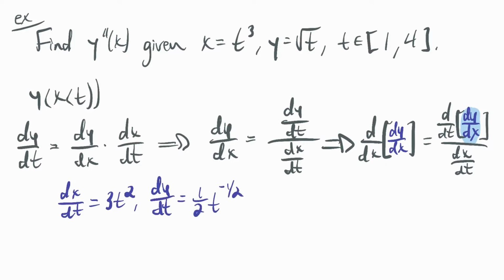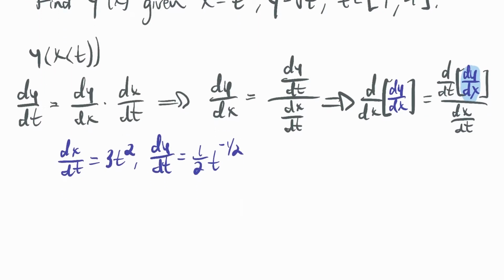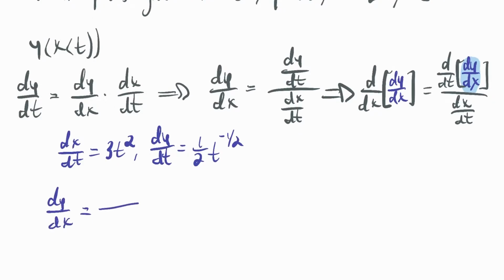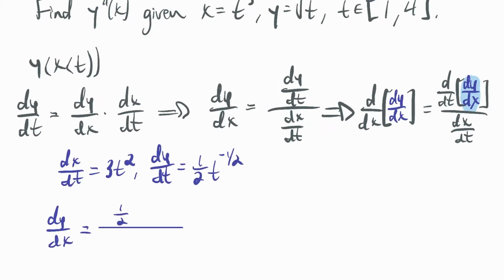So dy/dx equals the ratio: 1/2 t to the negative 1/2 power over 3t squared. And what we're going to end up doing is finding the derivative of that with respect to t. So often you will need the quotient rule for this.